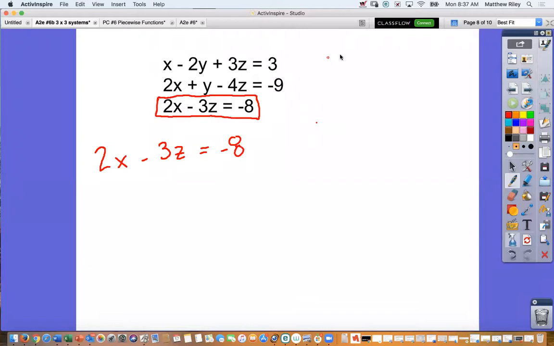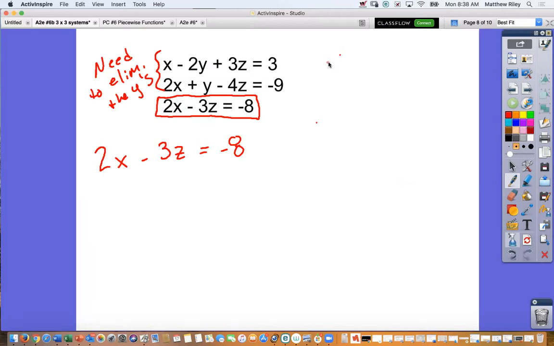So I know that I need to, because there's no y in this equation, then in these two, I need to eliminate the y's. Does that make sense? Because there's no y in this third equation, automatically I want to go through these first two and eliminate the y's.